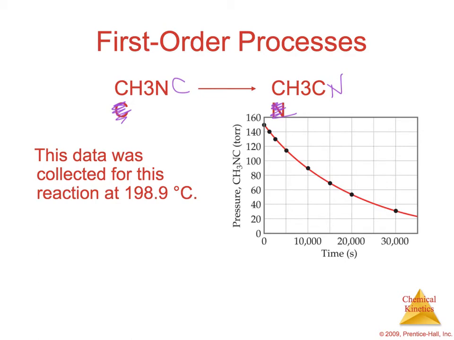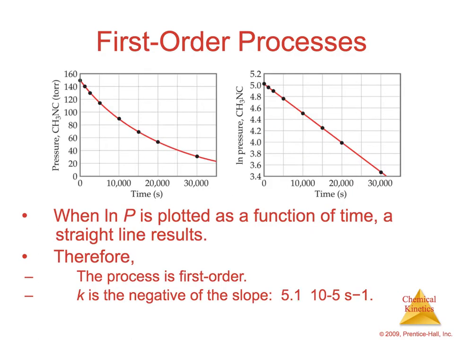So therefore, the data was replotted. The natural log of the pressure was calculated, and that was plotted versus time, and that is a straight line. So that tells us that this is a first order process.